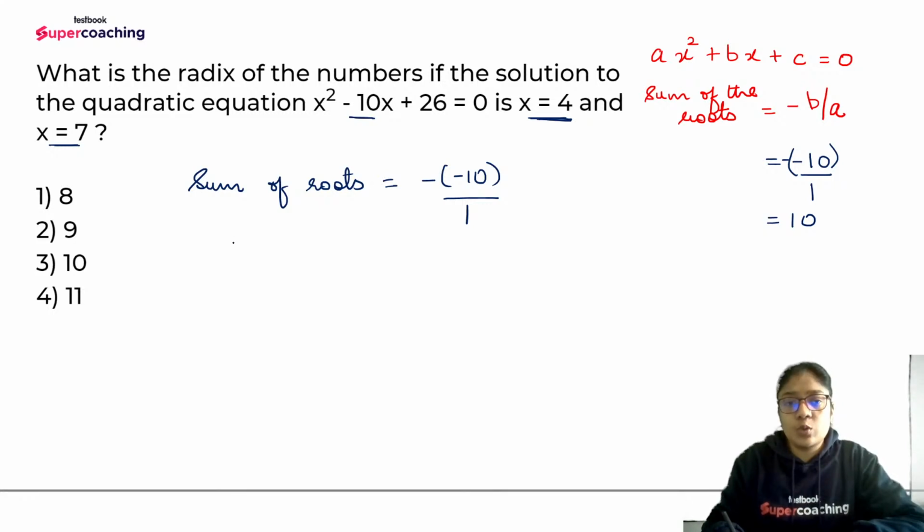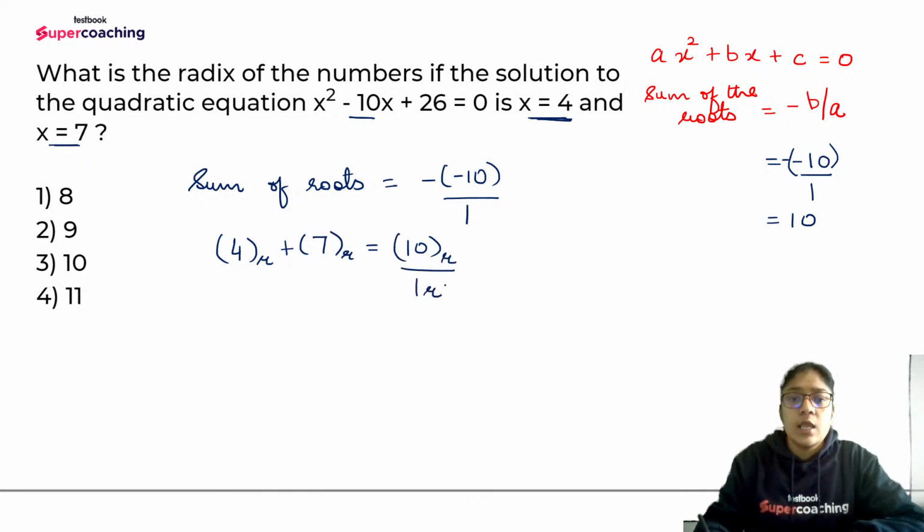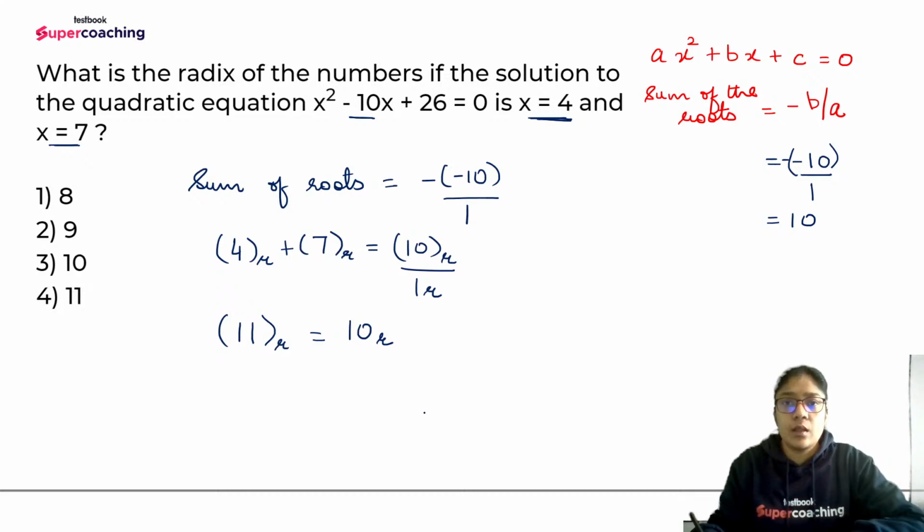So this comes out to be 4 with some base plus 7 with some base, and this comes out to be 10 with some base divided by 1 with some base. Ultimately this simplifies to 11, because the base is the same. So 11 base r is equal to 10 base r.